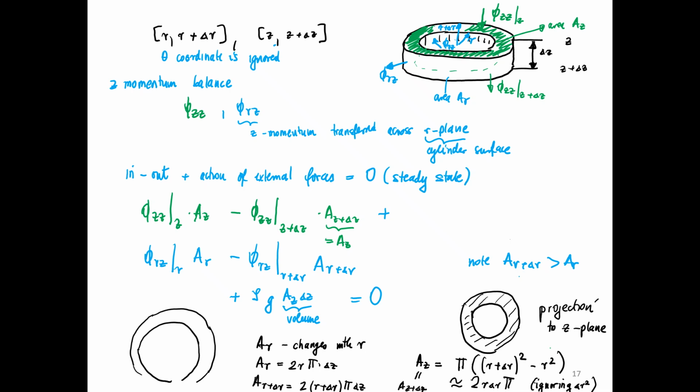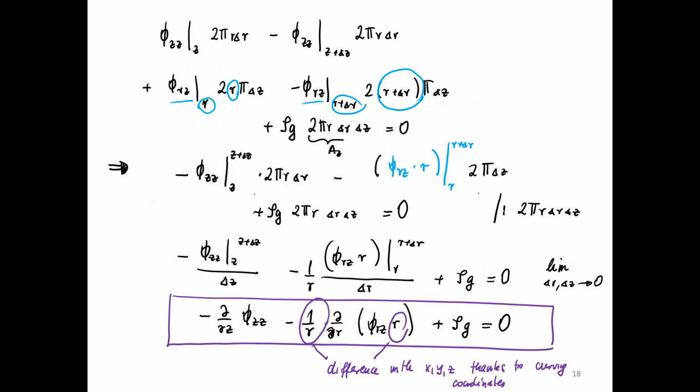As I'm moving away from the center of my coordinate system, my R planes, even in small shells, have larger and larger area, and I have to make up for that. That shows up in the equation. I'm not going to go through the derivation of the entire equation again, but that's why I have 1 over R here, and I also have R times phi RZ, because it's R times phi RZ that is constant.